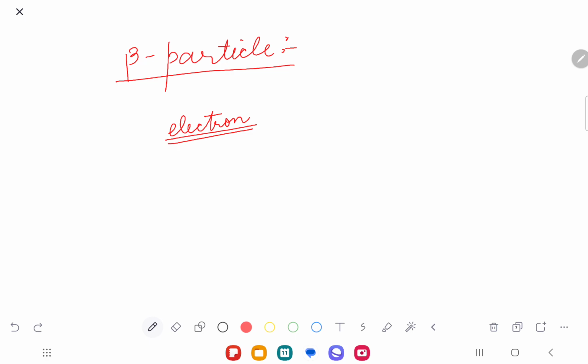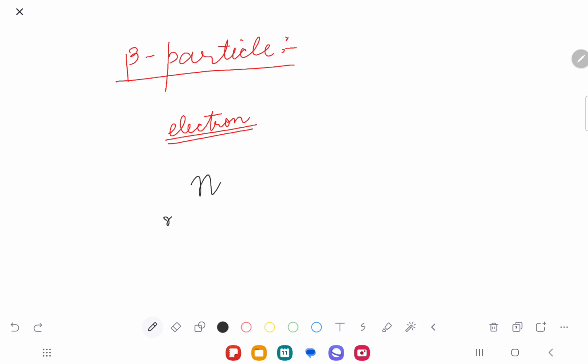Then we have the beta decay. Then we have the beta particle. What is a beta particle? Now, beta particle is nothing but just an electron. But what exactly happens is that, let's suppose we have a proton and we have a neutron.